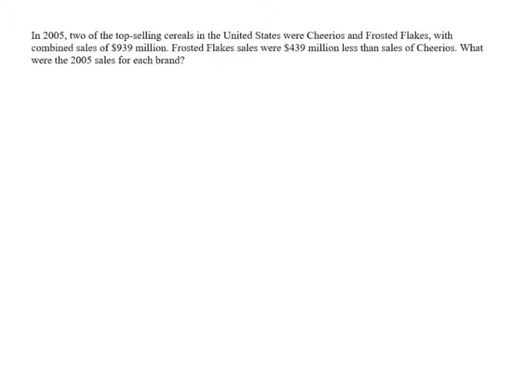They're asking us to find the sales for each brand, the brands being Cheerios and Frosted Flakes. So let's set those equal to x and y. Let's let the sales of Cheerios be x, and let's let the sales of Frosted Flakes be y.